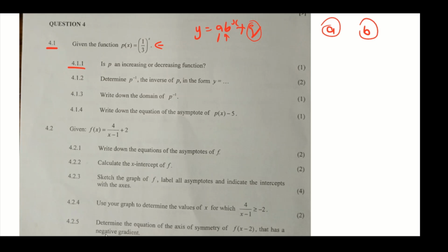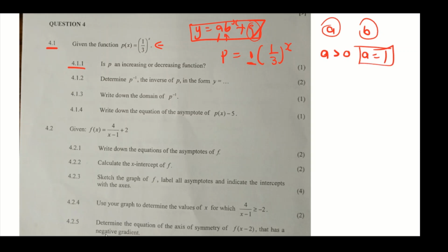So for this function here, a is greater than 0. So a equals 1, by the way. We have p equals 1 over 3 to the power of x, and a is just here, as I've written in the standard form. So a is just here, and it's 1, even though you can't see it. So 1 is greater than 0.